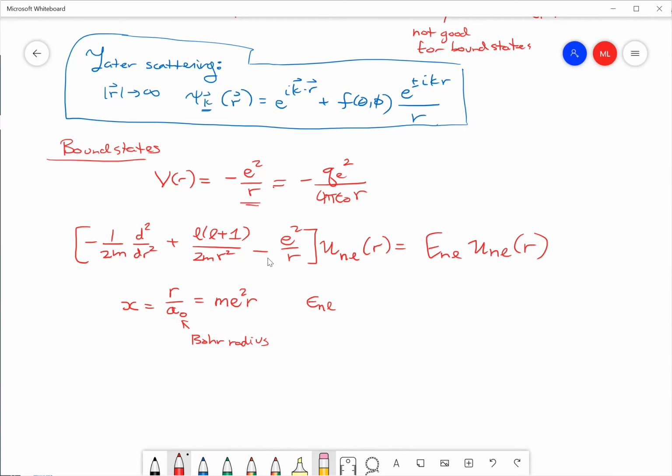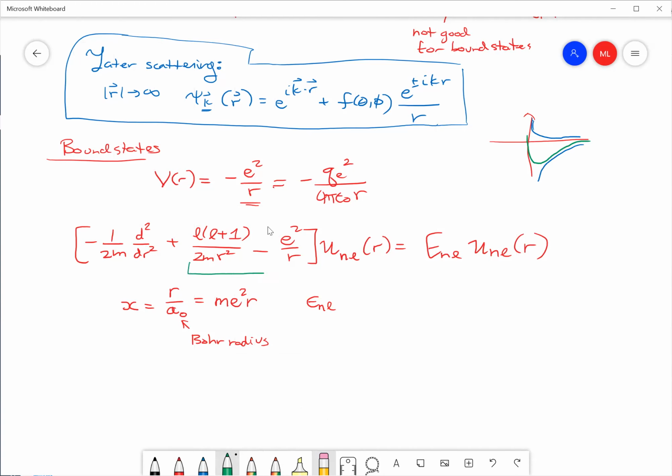We know that this potential is negative. If we look at it, the potential is a combination of the Coulomb part and the centrifugal barrier, which looks like this. Together, when you add them, they produce something that looks like this, some kind of potential.